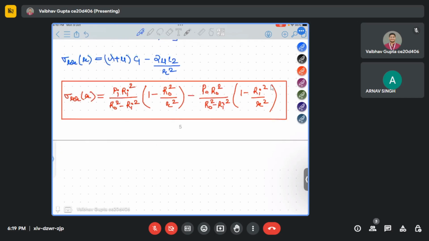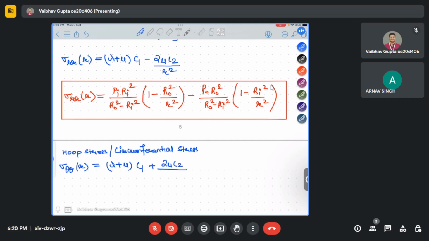Then next is the hoop stress, sigma theta theta, as a function of radius. This is known as hoop stress, or circumferential stress. In terms of constants it is written as lambda plus mu c1 plus 2 mu c2 upon r square.